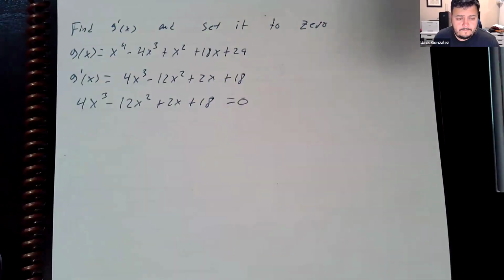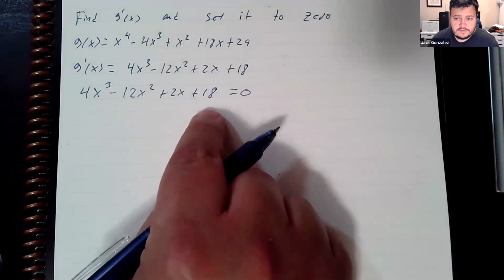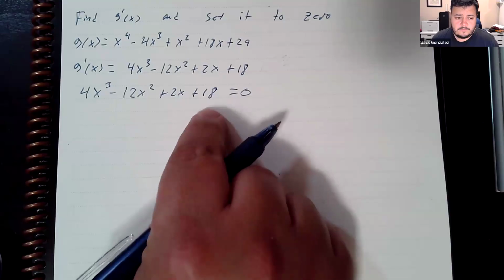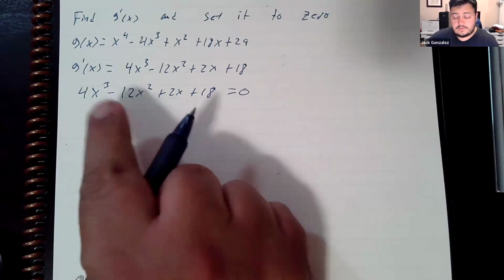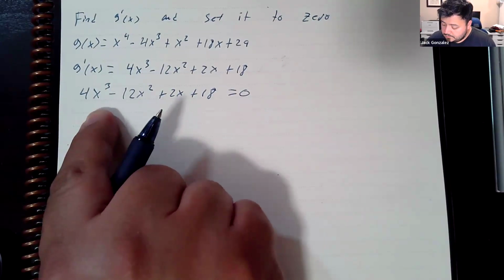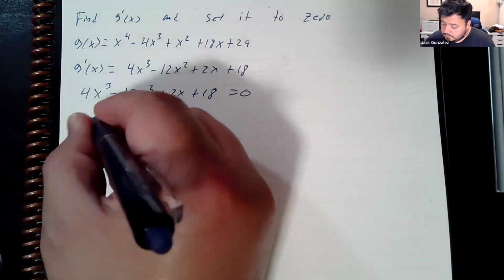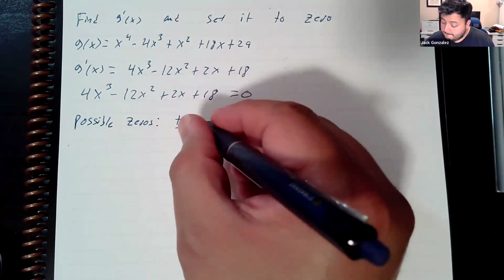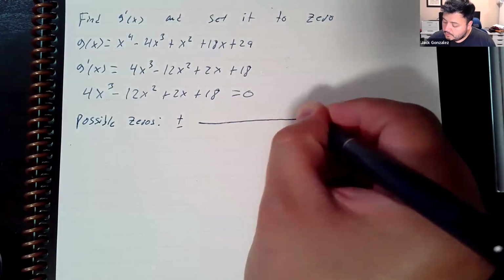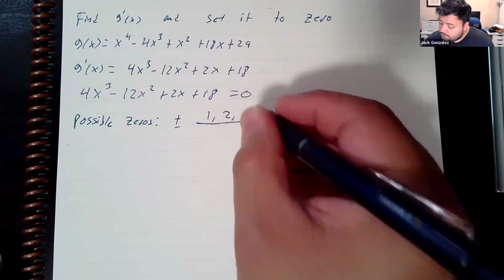This is how you do it. You take the constant and find every possible factor and divide that by every possible factor of the leading coefficient. And those are all the possible zeros. So the possible zeros are plus or minus 1, plus or minus 2, 3.